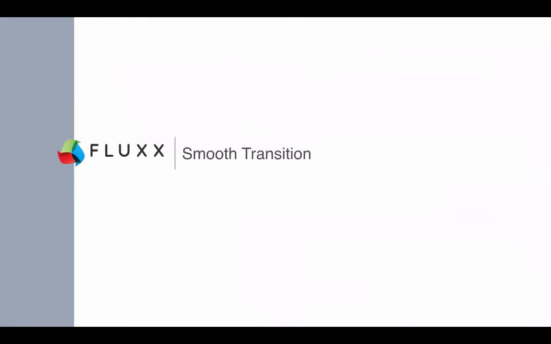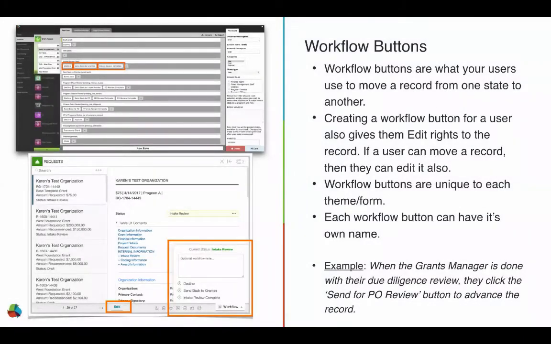Once you've determined all the workflow states you'll need for a record's journey through the approval process, you'll need to determine the buttons that your users will actually use to move the record from one state to another. Workflow buttons are the actionable buttons that your users actually press to move a record from one state to another.